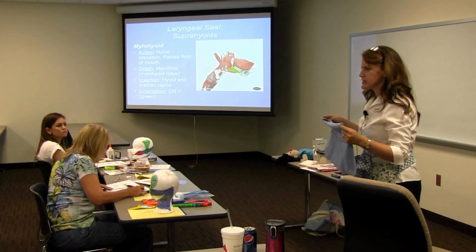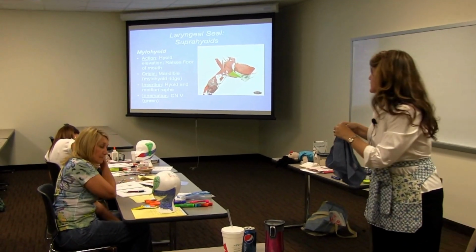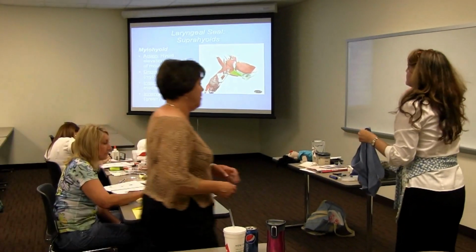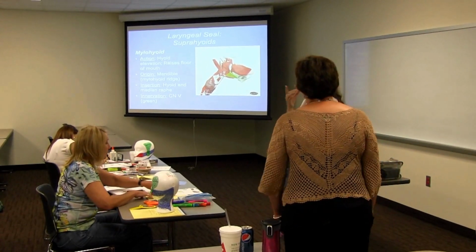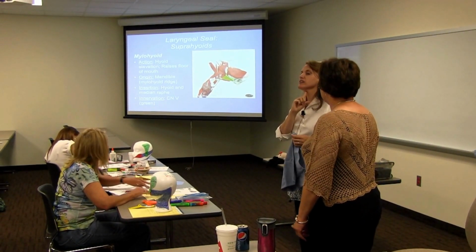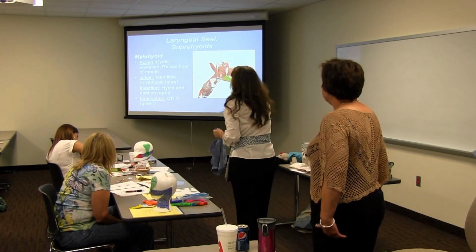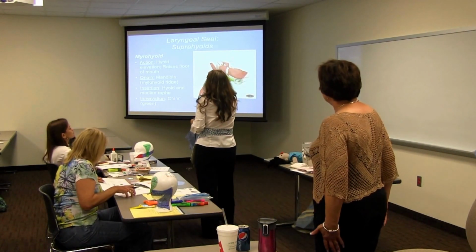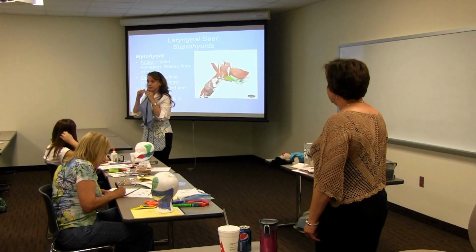Edith, can you help me with something? Its origin is the mandible, or the sides of the mandible. The insertion is the hyoid and the median raphe. Okay? So it is coming from the sides of the mandible into a ridge in the center.